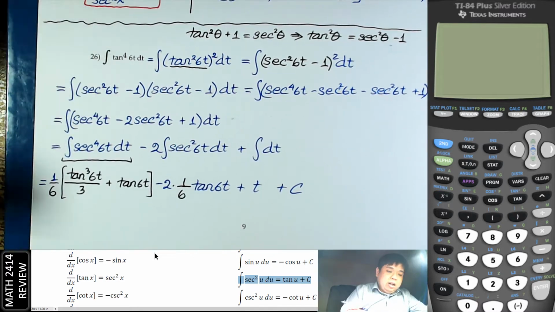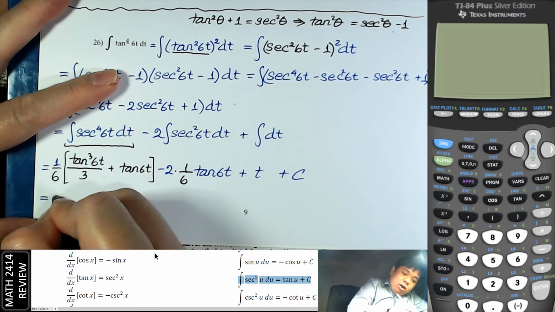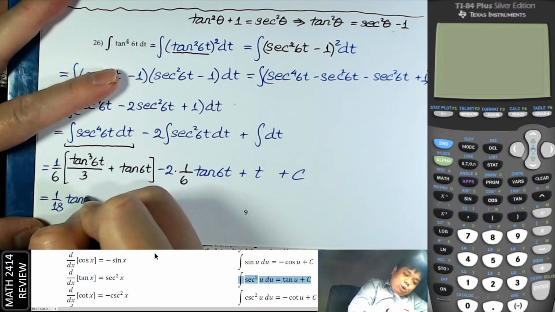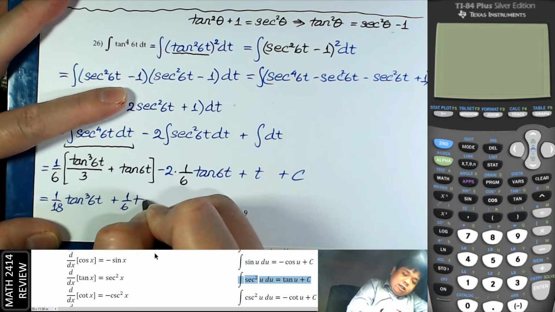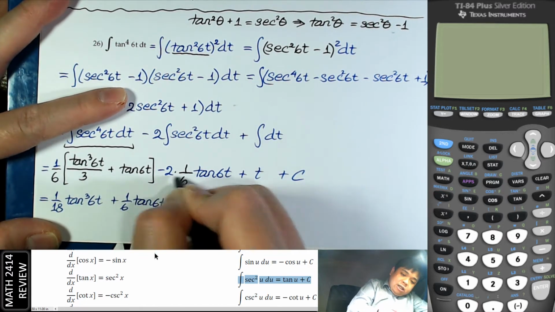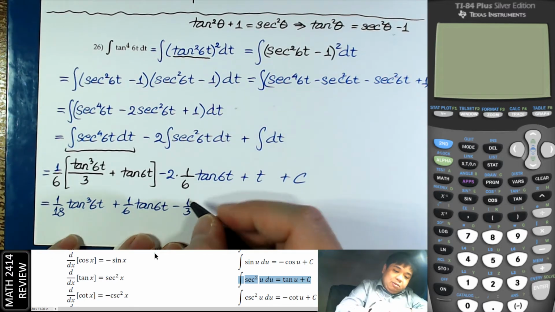Right. Simplify this. We have 1 over 18 tangent cube plus 1 over 6 tangent of 6t, and that is 1/6 minus 1/3.